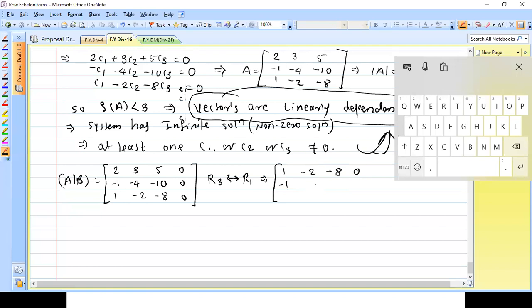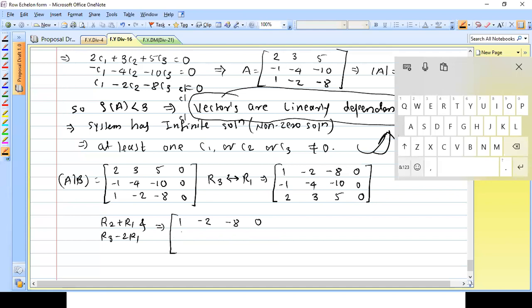So -1, -4, -10 and 0 as it is. Then here 2, 3, 5 and 0. Now you can use R2 plus 2R1 and R3 minus R1. If we apply this operation, R1 remains as it is: 1, -2, -8, 0.